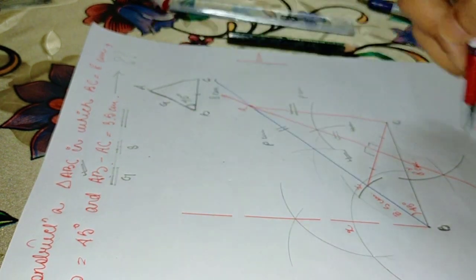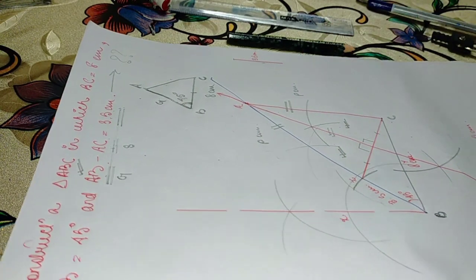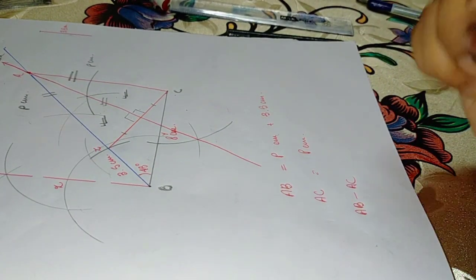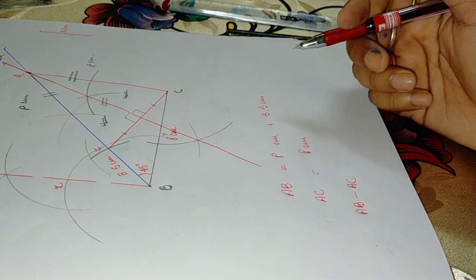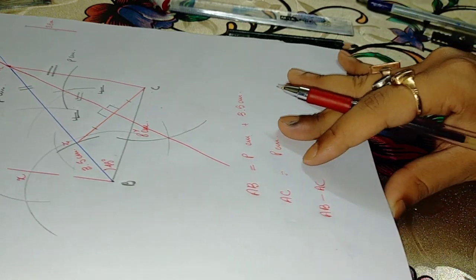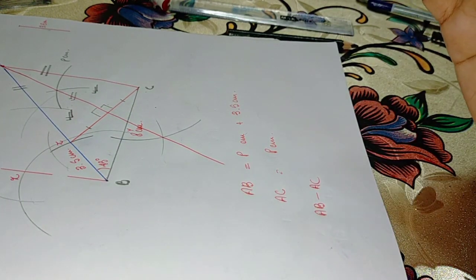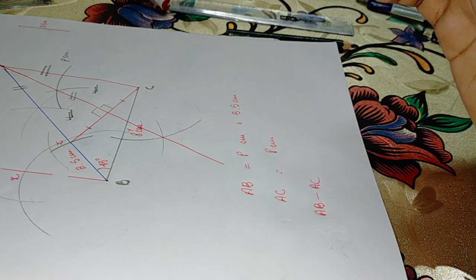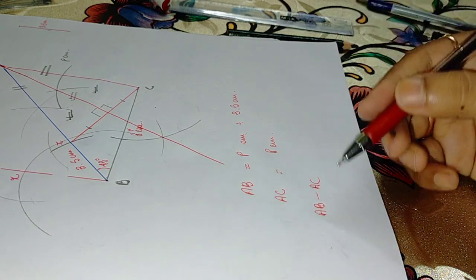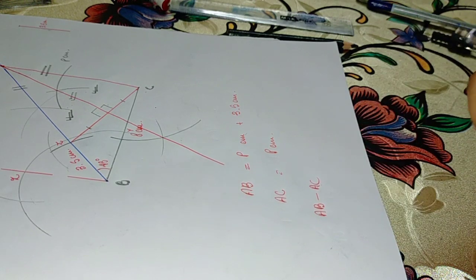How? I have drawn the diagram and I have to know whether my diagram is correct or not. That is very much important, isn't it? So I am just justifying my answer, whether my answer is correct or not. So AB minus AC, let us see if we get 3.5 centimeter or not.